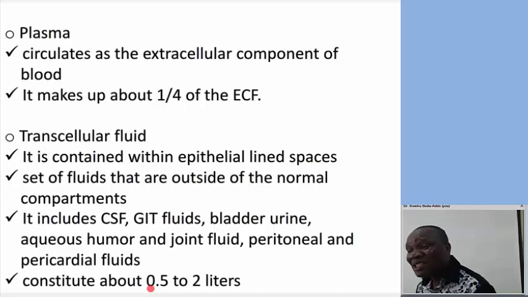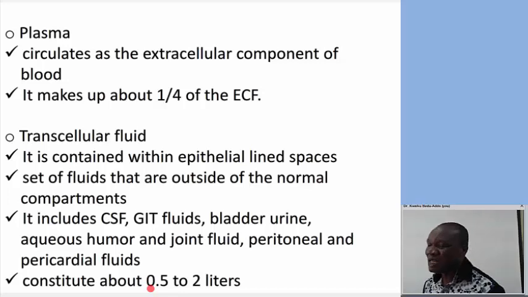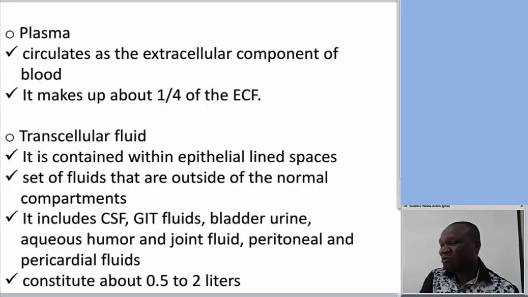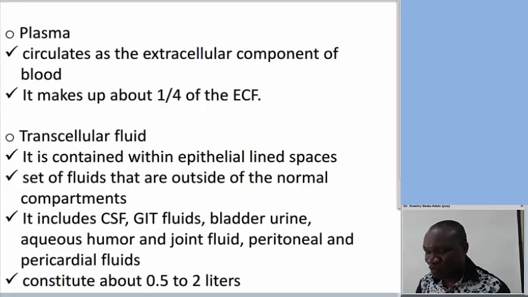But I mentioned that there are 3 subcomponents of the extracellular fluid. There is a third fluid compartment, which is not much compared to the plasma and the interstitial fluid. Now, the transcellular fluid is found in epithelial lining spaces.